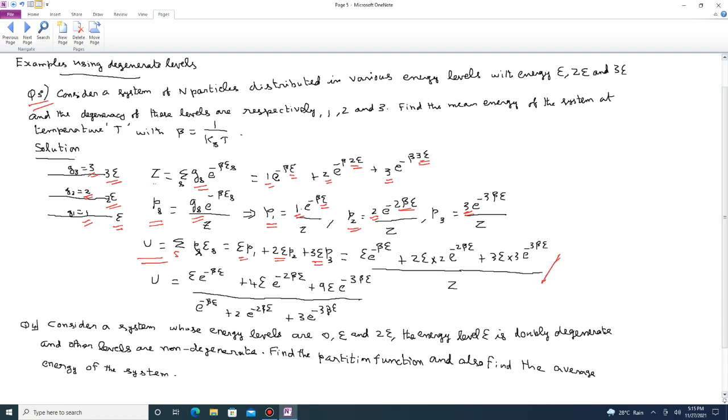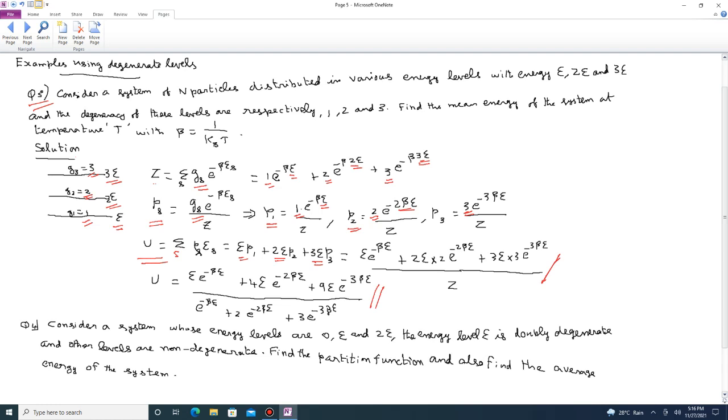This is the expression. Now you substitute for the partition function Z, and the final expression becomes e power minus beta E plus 4E e power minus 2 beta E plus 9E e power minus 3 beta E, whole divided by e power minus beta E plus 2 e power minus 2 beta E plus 3 e power minus 3 beta E. So this is the mean energy.